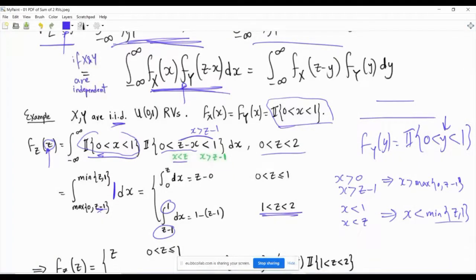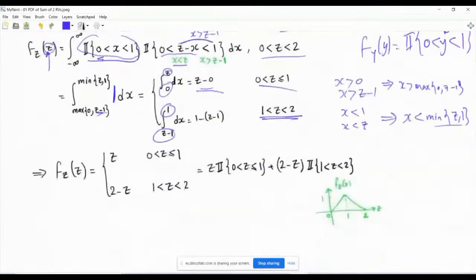If z is 1, it's 0, otherwise it's negative, and so the maximum will be 0. And if z is less than 1, then the minimum of z and 1 will be z itself. So in that case, the upper limit is z and the lower limit is 0, and because we are just integrating the constant 1, the integration is the upper limit minus the lower limit, which will give you z.